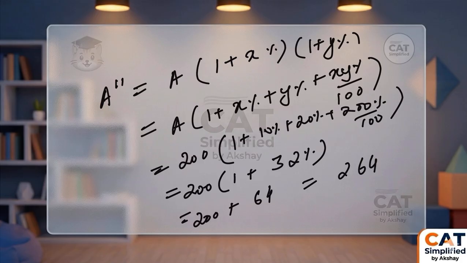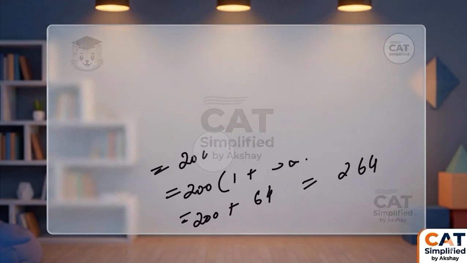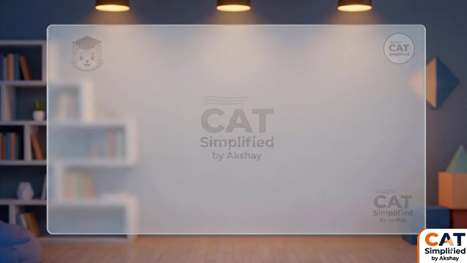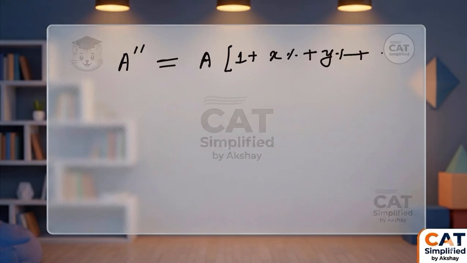So just to simplify life for you once again, I think we used the wrong placement of bracket when we calculated this formula earlier, but let's just write these formulas again for you. So the value of A double dash in the case of price increase is going to be A into 1 plus X percent plus Y percent plus XY percent divided by 100.